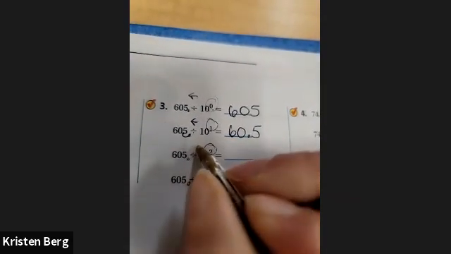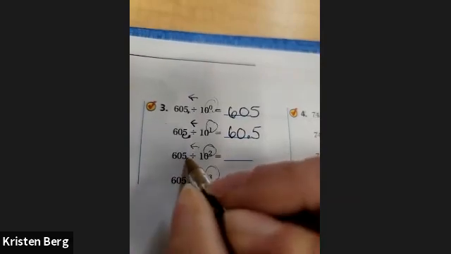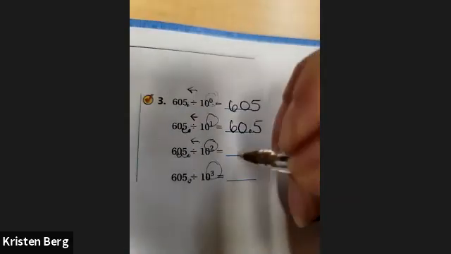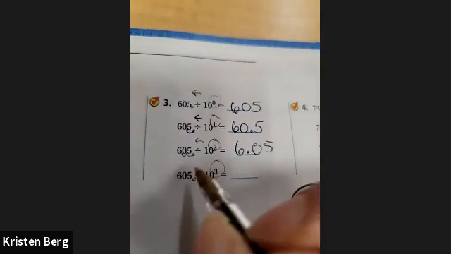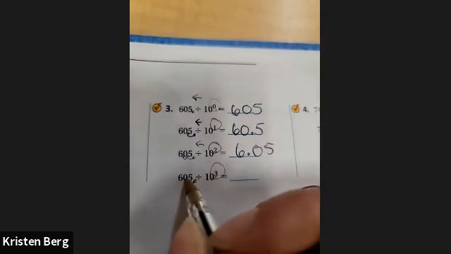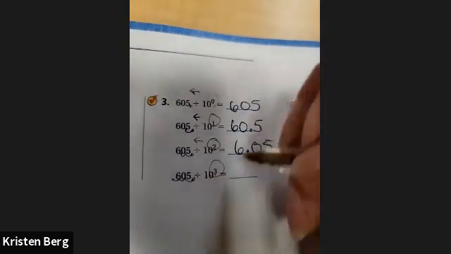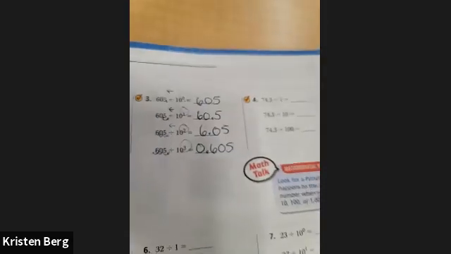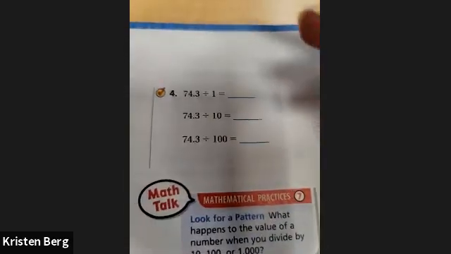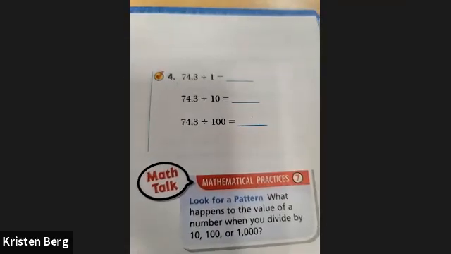This one, I'm going to be pushing it in twice. So 1, 2. So that would be 6 5/100. Then this one, I'm going to be moving it in 3. So then this would be 605 thousandths.